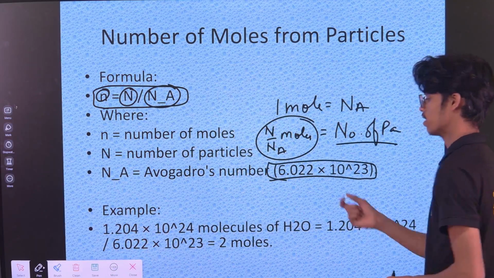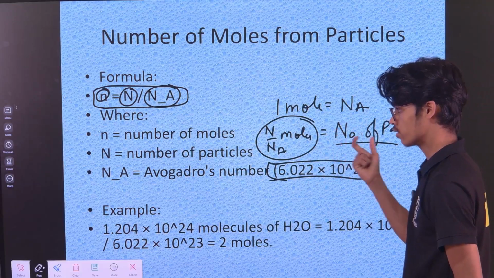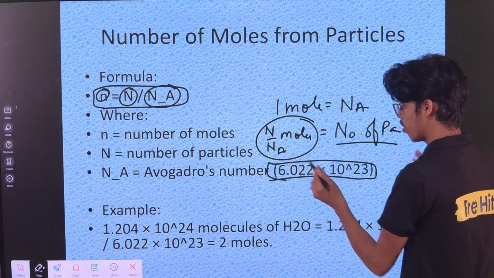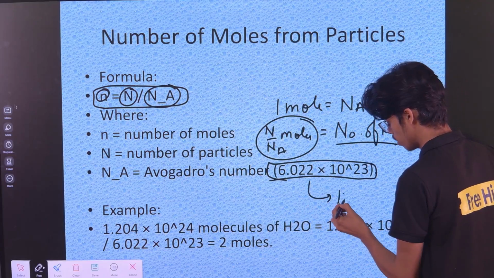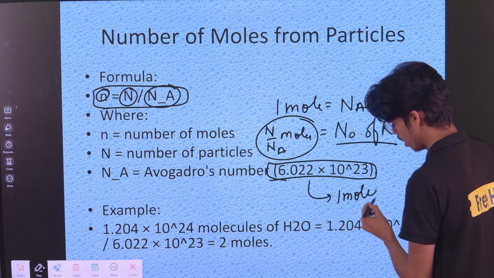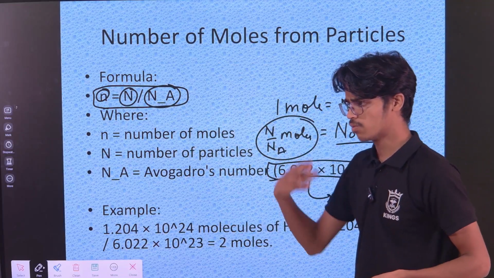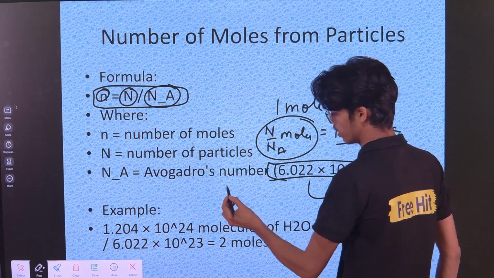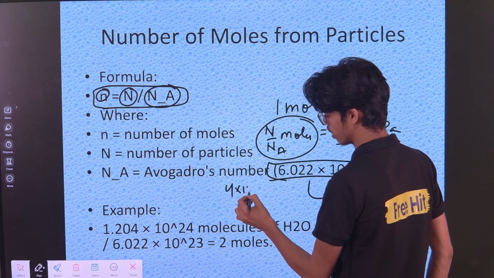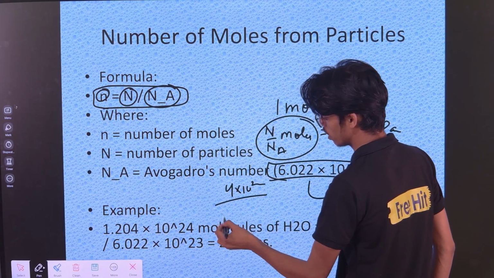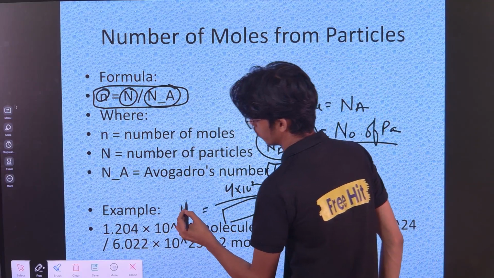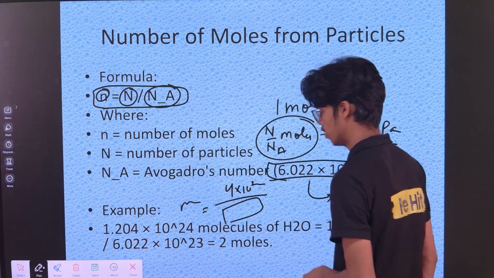This amount of particles comprises 1 mole. If they give you 2 particles, 3 particles, 4 particles, you just have to divide the given number of particles, whatever it is, by the Avogadro number, and you will get the number of moles.